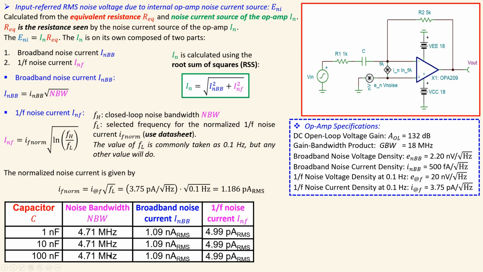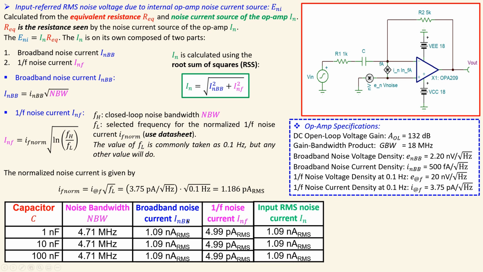Because noise bandwidth is a constant value, so it is not changing here for each capacitor. Okay, then if I now use these two, that will be the input RMS noise current, which we can determine using this expression, so using root sum of squares. Again, the dominating part here is the broadband noise current.